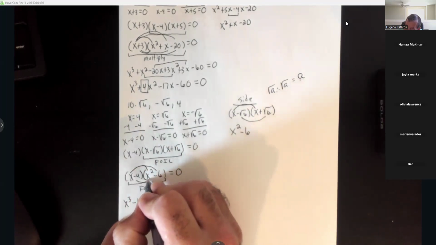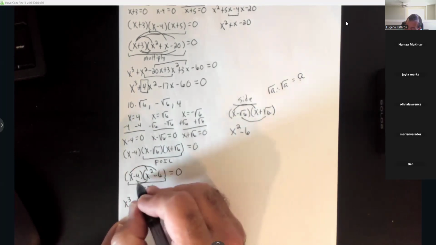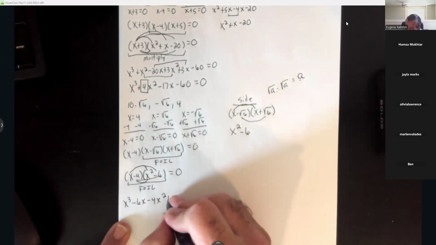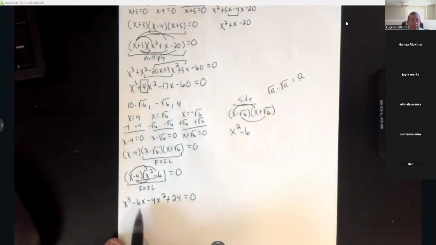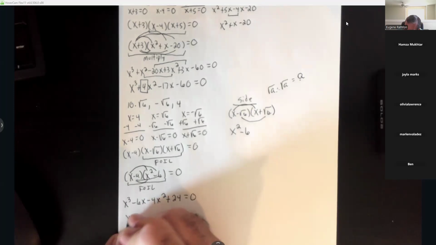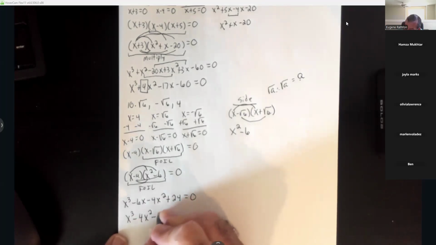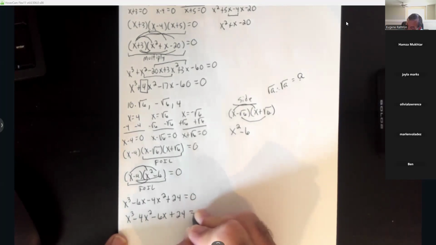Negative 4 times x squared is a negative 4x squared. And y'all, finally, negative 4 times negative 6 is a positive 24. And y'all, out of all this, the only thing I'm going to do is flip-flop these two to put them in order. So x cubed minus 4x squared minus my 6x plus my 24.